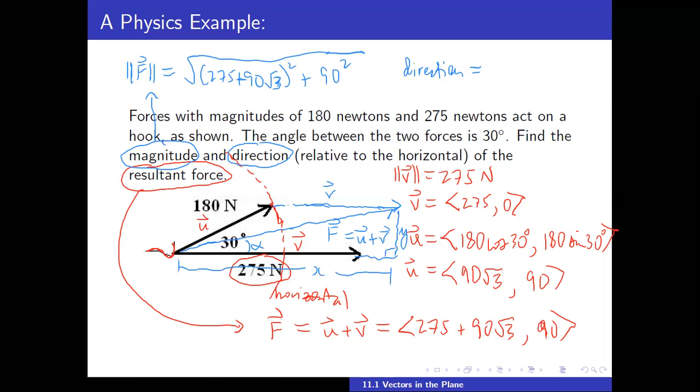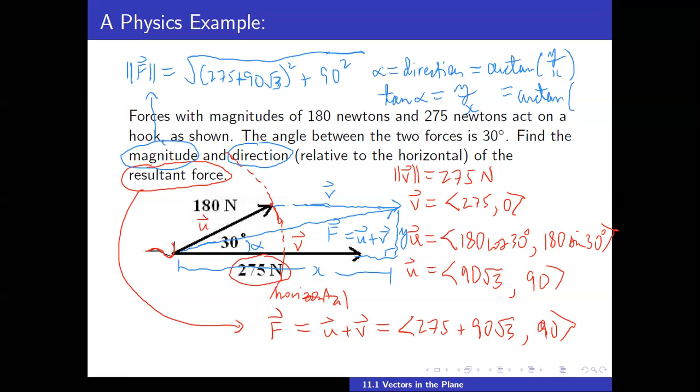And the direction is going to be, because tangent of alpha is equal to y over x. Yes, I'm not using theta here. I'm just using alpha because theta, I think of that as being the original 30 degrees. Okay, the direction is going to be the arctangent of y over x. Right, so that's what alpha is.